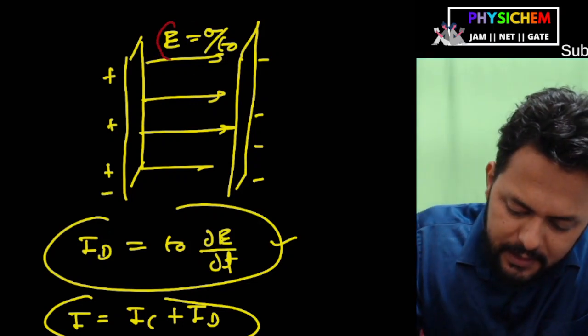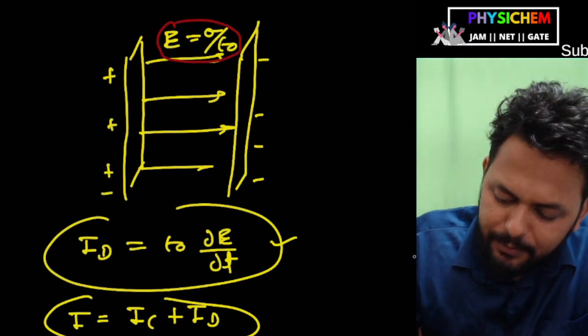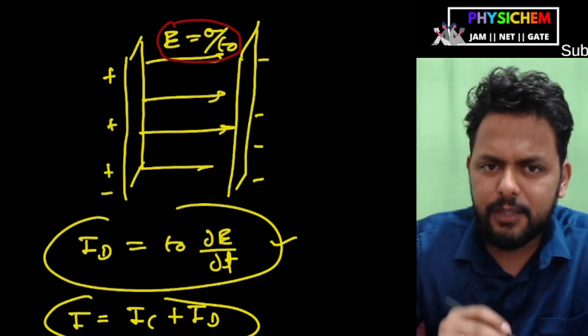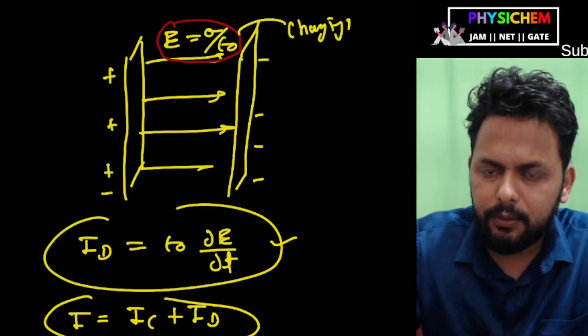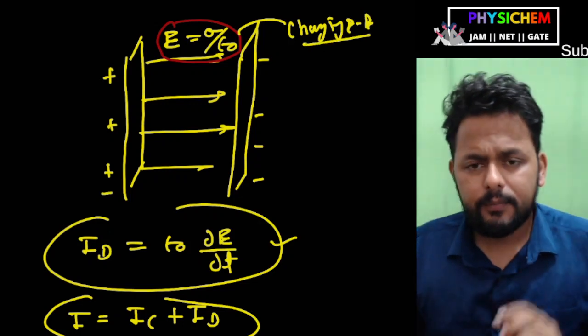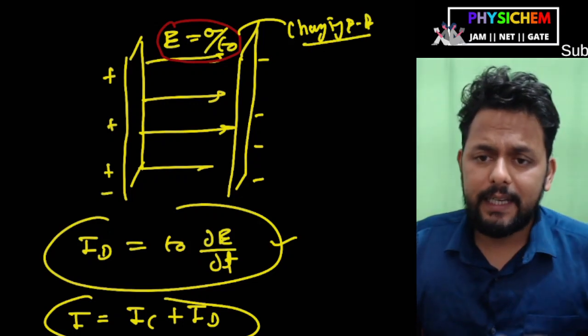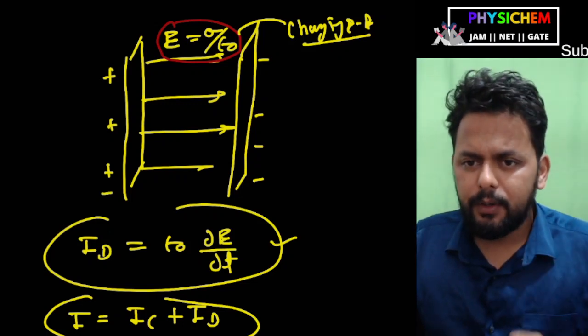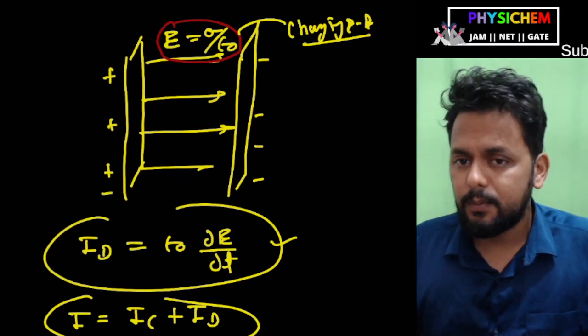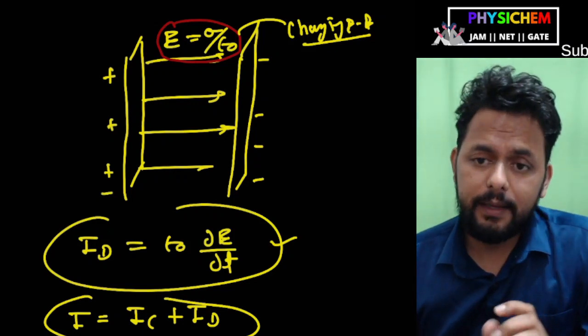Corresponding to that, the electric field between the capacitor plates, E equal to sigma by epsilon 0, is also changing in nature. This is a changing electric field, and this changing electric field produces a current known as displacement current.